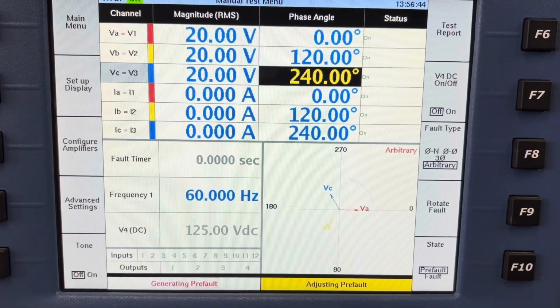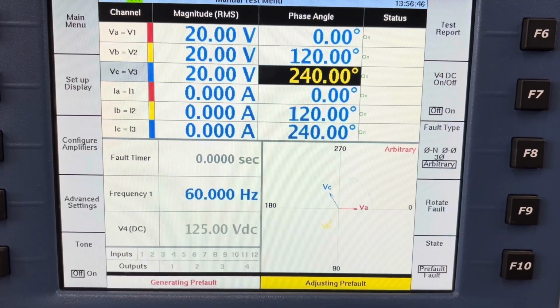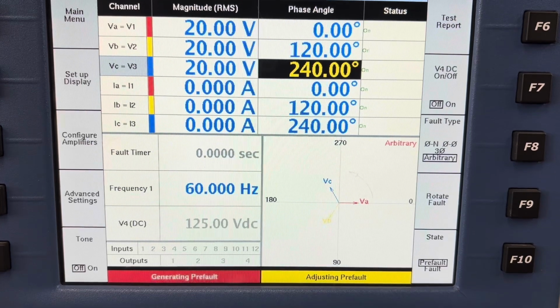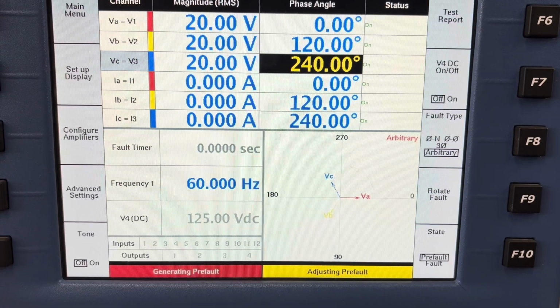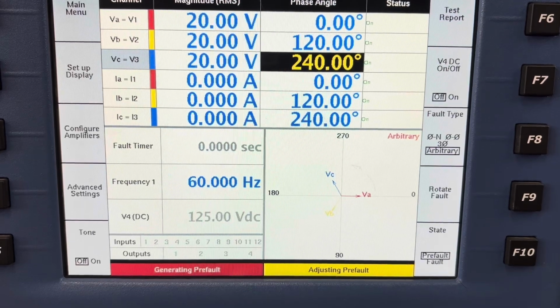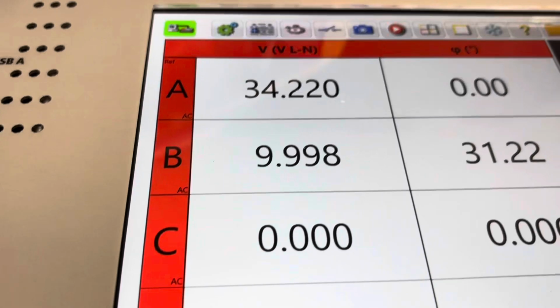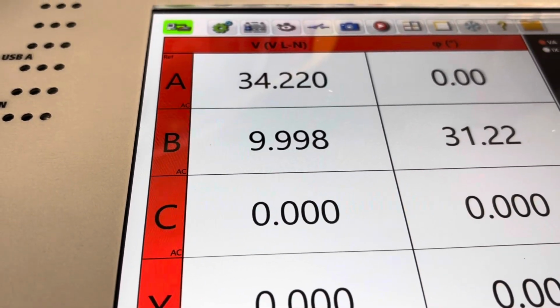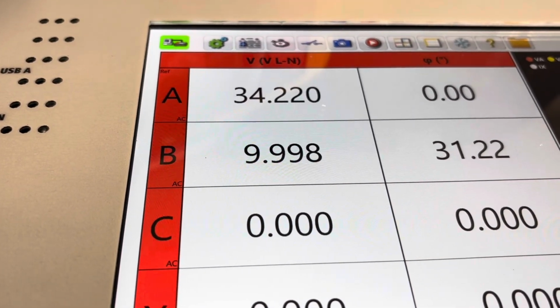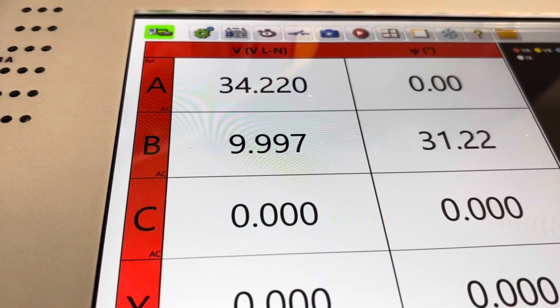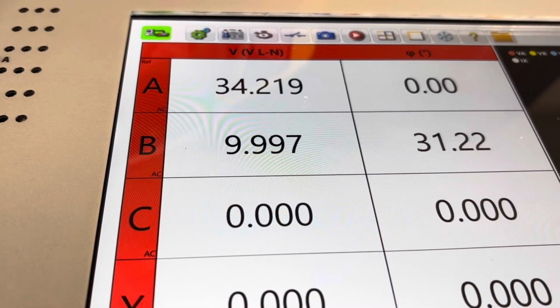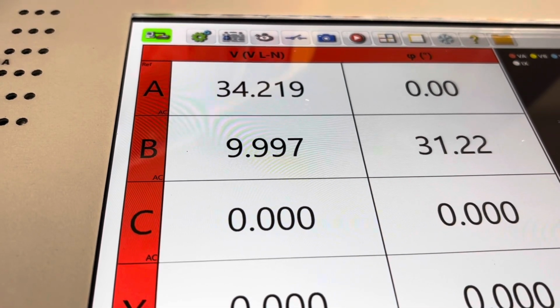All right, demonstration time. Camera work's going to be a little shaky because I got to hold it. So Manta is on. We are A, B, C, or 1, 2, 3 phase sequence. We're going to come on over to the phase angle meter, and you saw that we had 20 volts phase to ground, and the phase angle meter is connected 1 to 2 or A to B on the H side of the transformer, and 1 to 2 or A to B on the X side of the transformer.